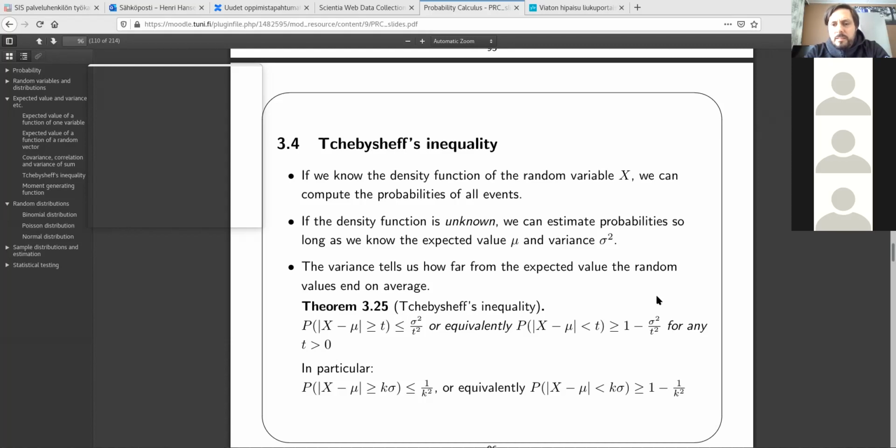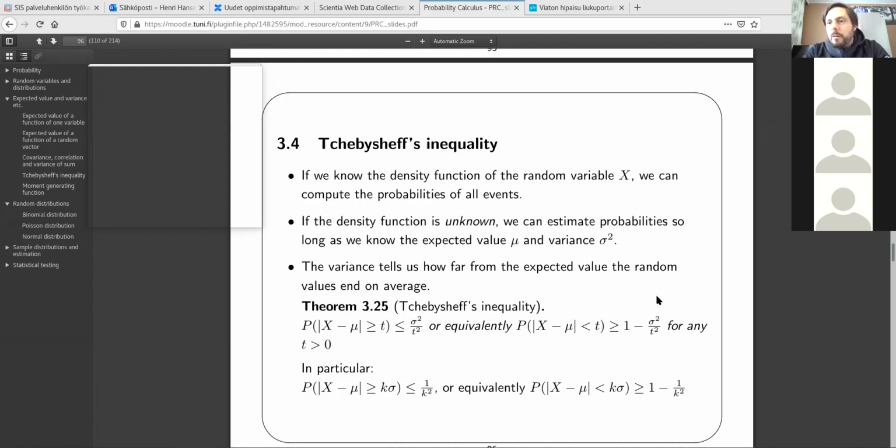What does it say? Alternatively, it says that the probability of landing closer to mu, or closer to the expected value than t, is at least 1 minus the variance squared over t squared.